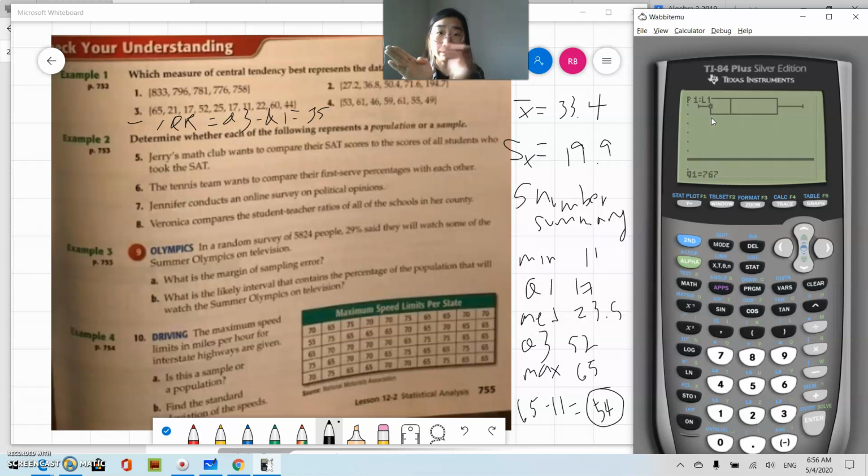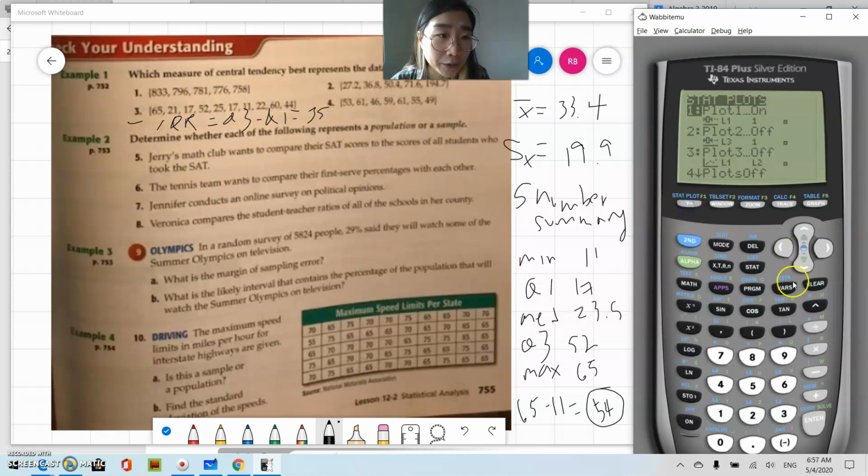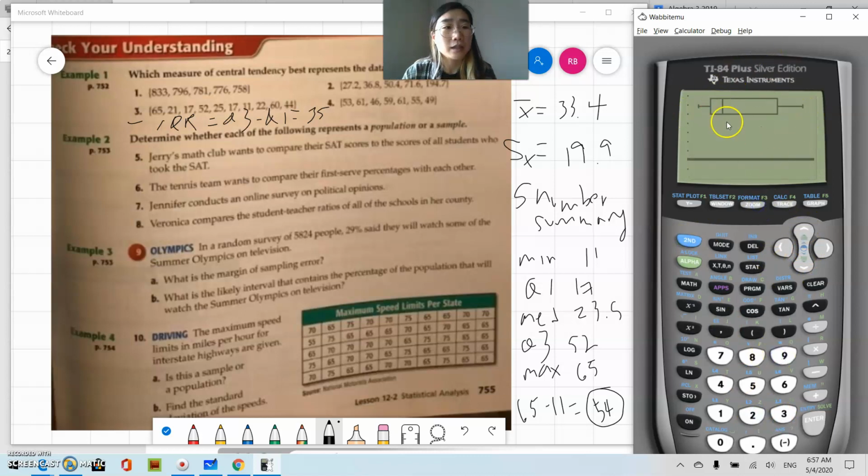Inter is like in between, right? In between quartile range. That's what IQR is, okay? So this one is quite large, quite long, but that's for number 1. If you want to see the box plot for number 3, we can change that to L2, because I think my number 3 is in L2. You can see this IQR is also very large because the range was only 54, but the IQR is 35, so that's more than half, right?